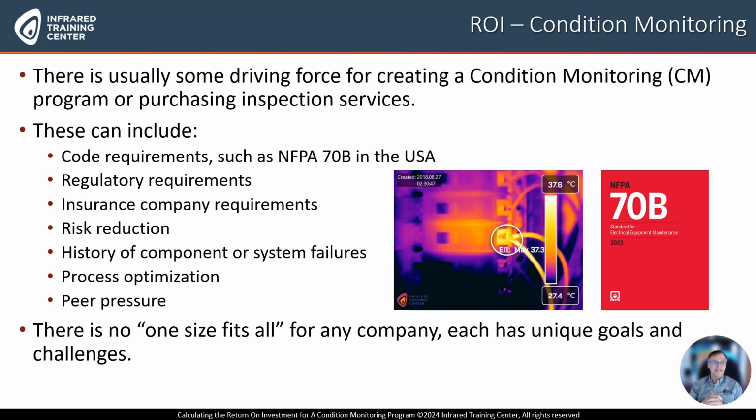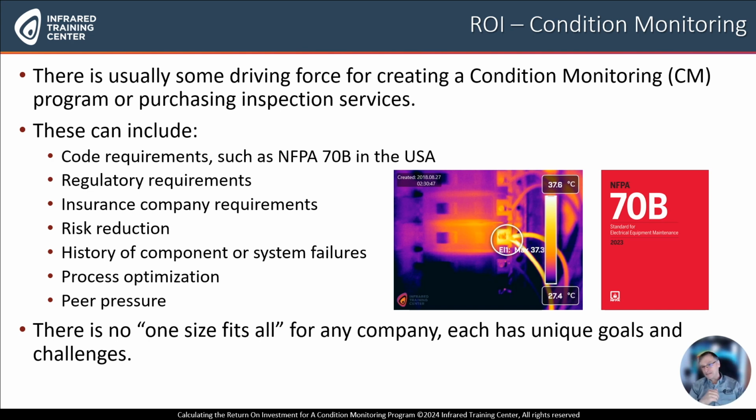And you might have a history of component or system failures that you just want to monitor. You want to find out something that's better, a better way to operate, or a better way to design. And also how to optimize the process, looking at our process. Where are we losing heat? Where are we losing energy? And there's also peer pressure, and don't discount that, okay?